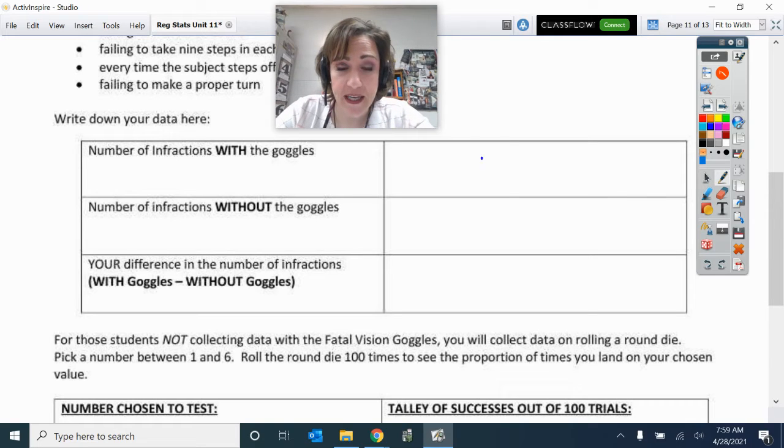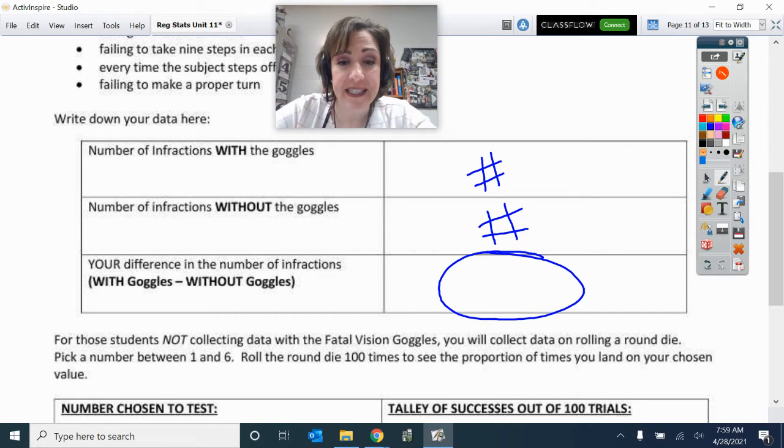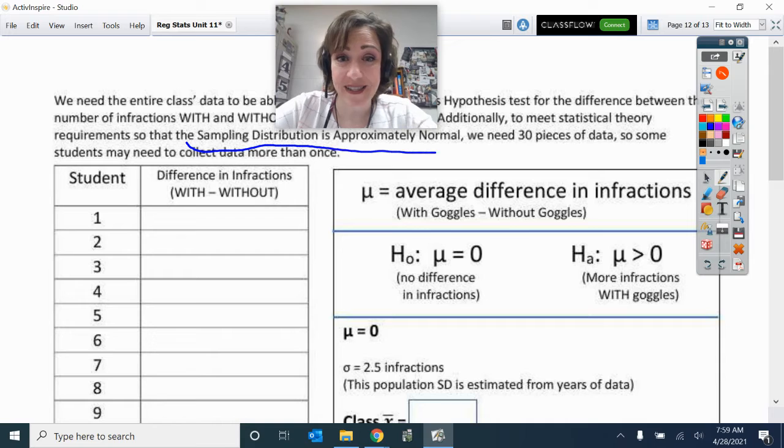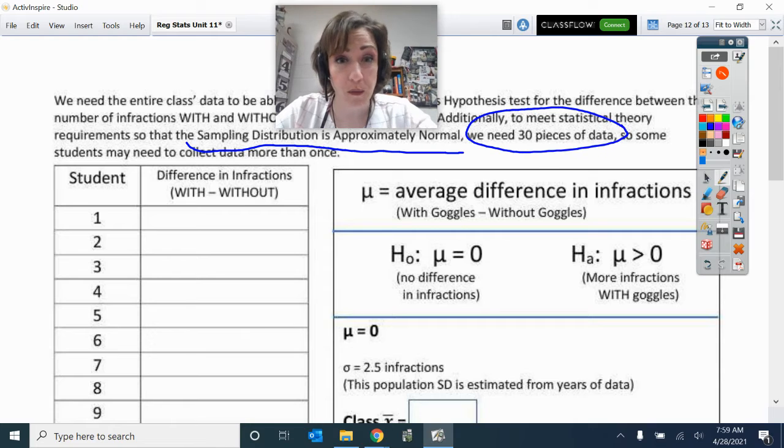So you will get your number with the goggles, your number without, but we are interested in the difference. This is the real piece of data that we are interested in as a class, because statistical theory says for the sampling distribution to be approximately normal, we need to have 30 or more pieces of data.